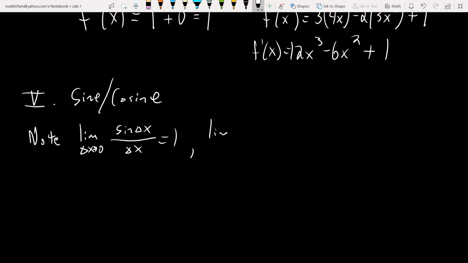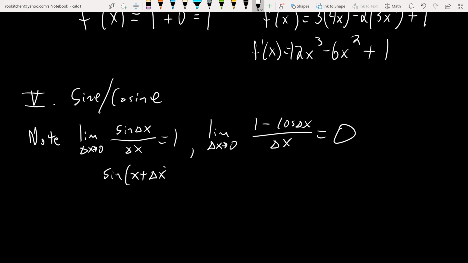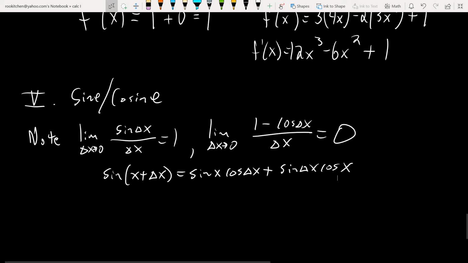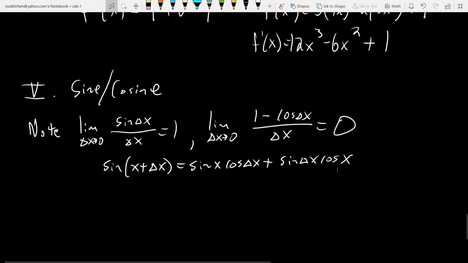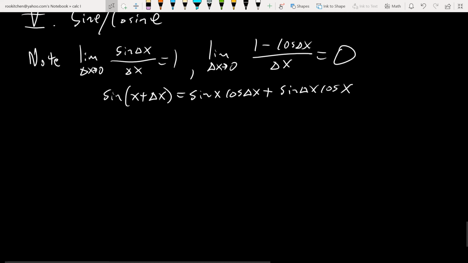We also need the limit as change in x goes to 0 of 1 minus cosine change in x over change in x equals 0. We also need this sine law. I forget which kind of law this is called, but I just know the sign. So this will be sine x cosine change in x plus sine change in x cosine x. Okay, and we'll be able to now cruise in and figure out the derivative of sine.